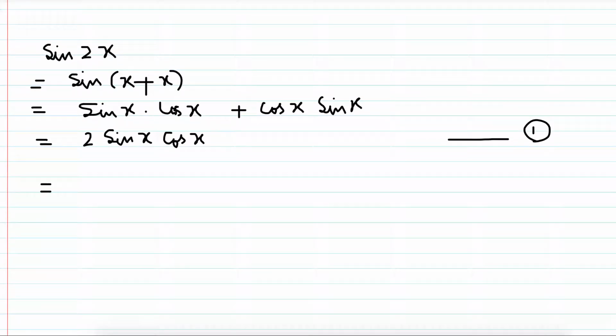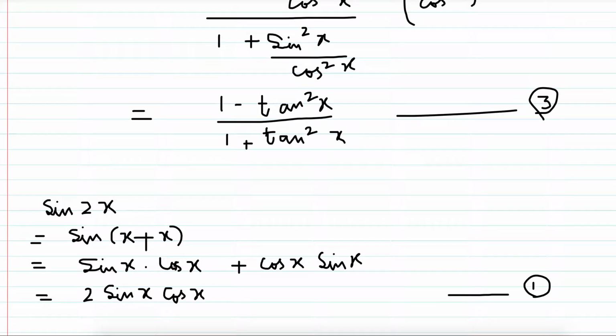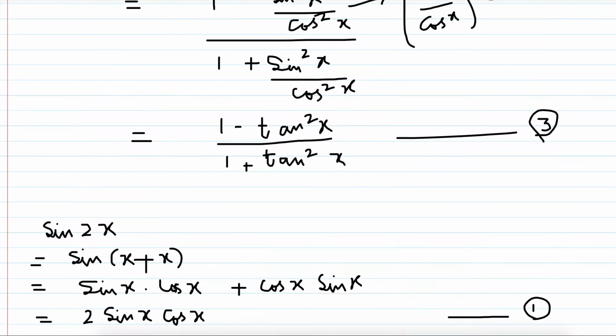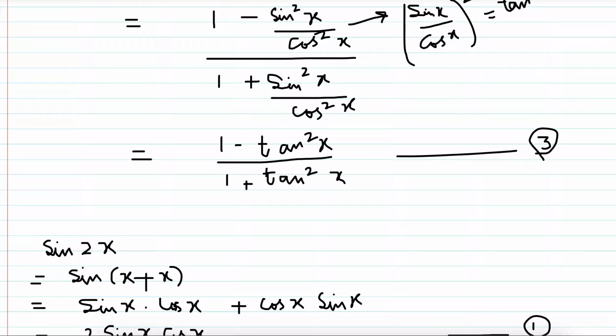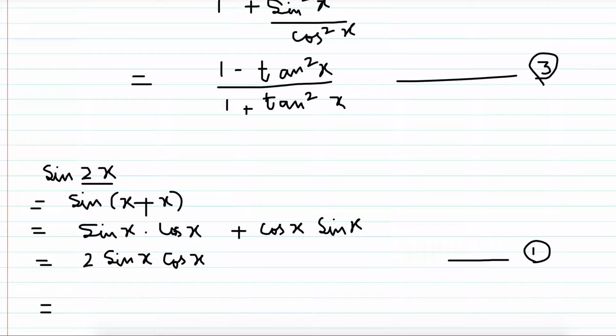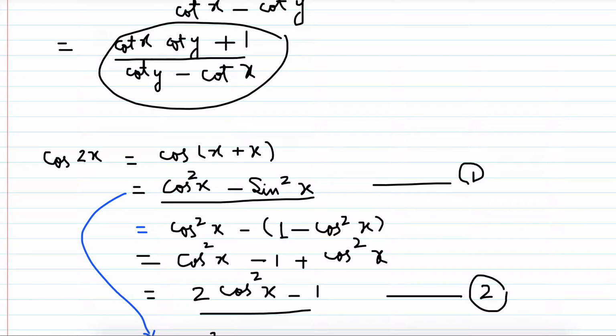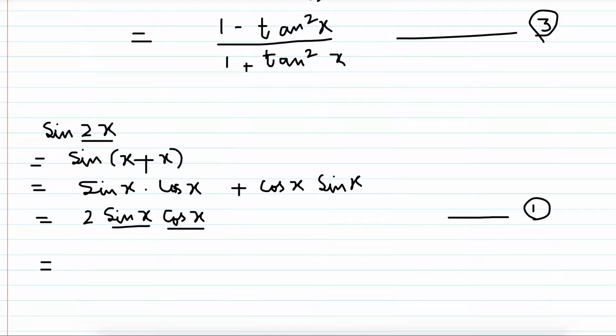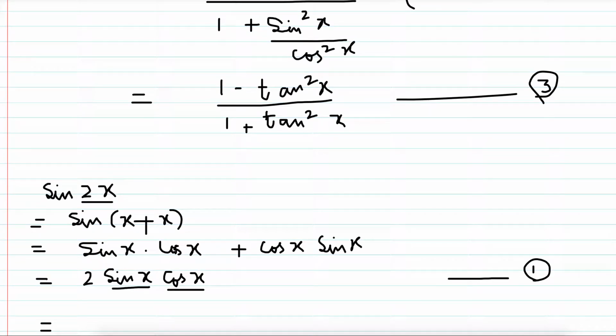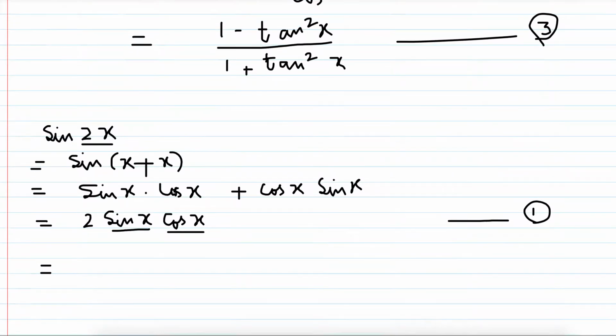Just like our earlier case, we can express sin 2x as a function of tan x. So here 2x we are breaking into x everywhere. Either we can break it in terms of sin x cos x or we can break it in terms of tan x.